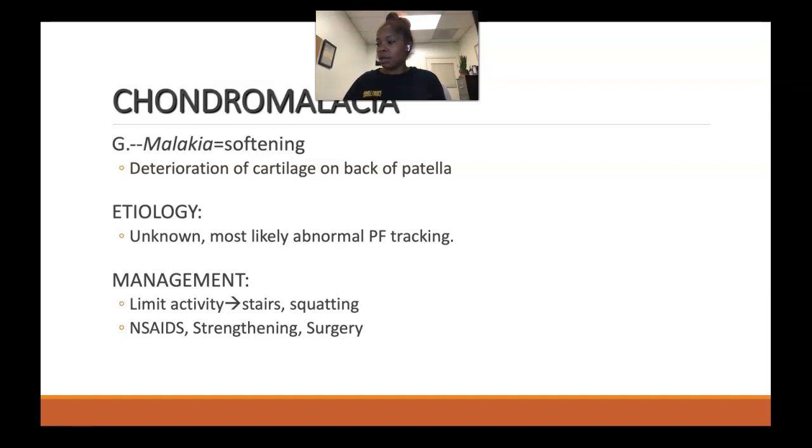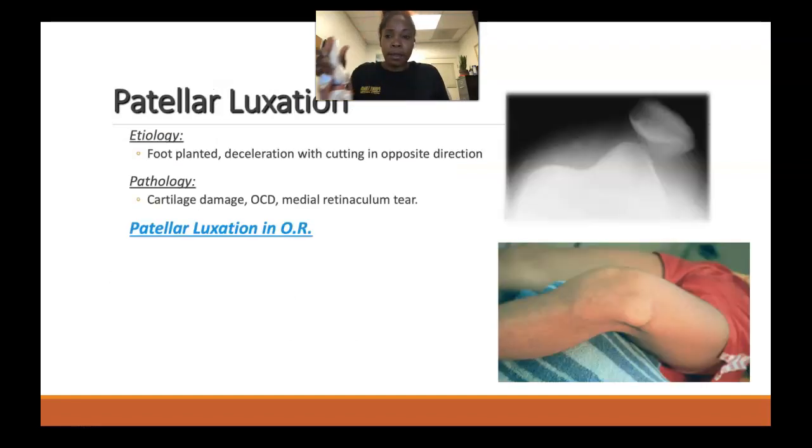And if nothing else works, what I have seen done twice in my runners is the physician will go in and shave down the backside of the patella to get rid of the softening part in hopes that we will restore articulation across the patellofemoral joint.